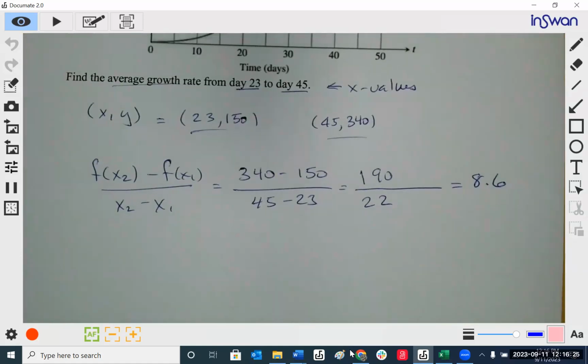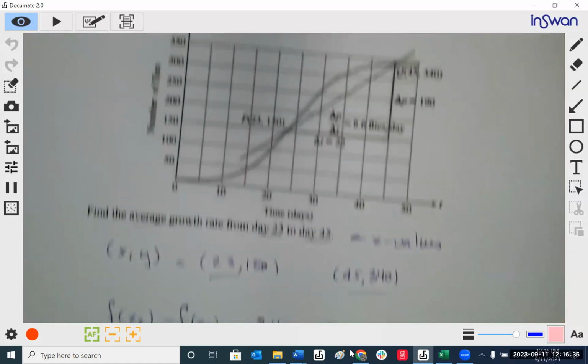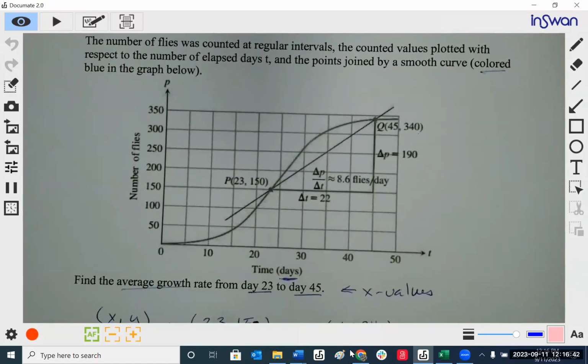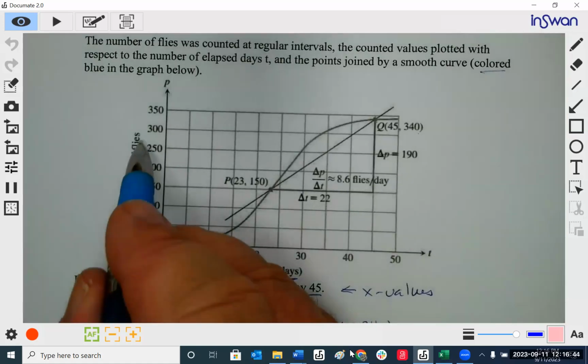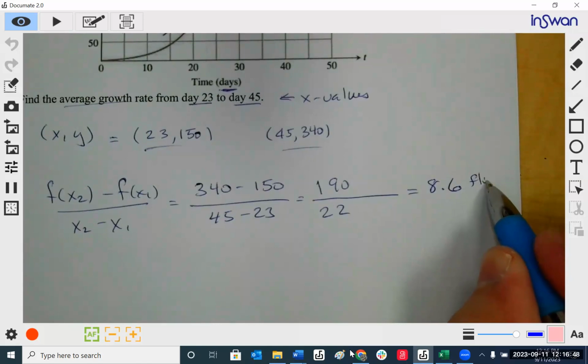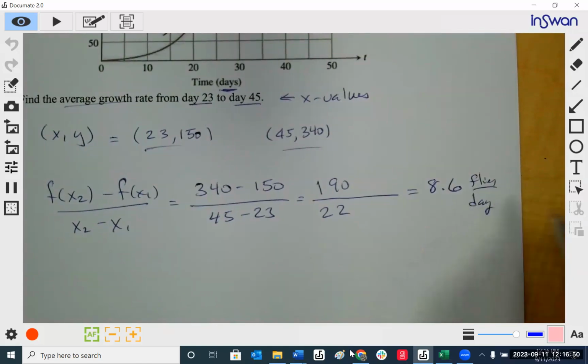Eight point six. 8.6, what are my units? The time is in days, and flies per day, yeah. So 8.6 flies per day.